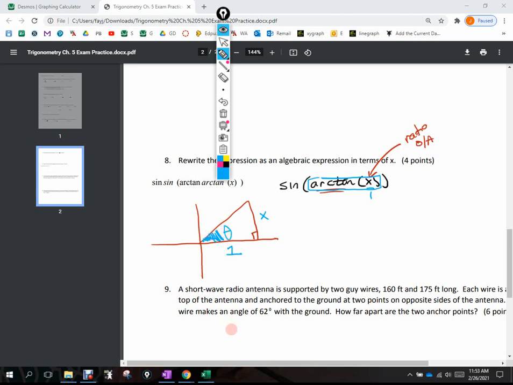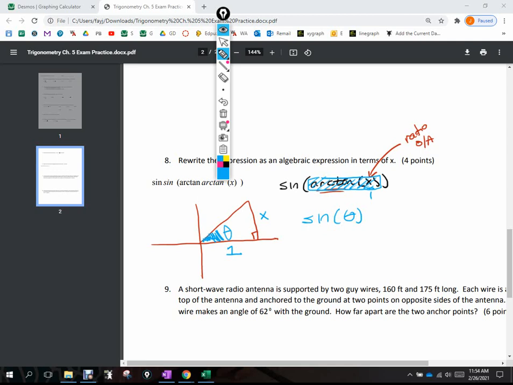Does that make sense? So this thing here in blue, arc tangent with an input of x, gives an output of theta. Now I ask you, what is sine of theta? That's how we work with composite functions: you evaluate the innermost function, substitute that, and keep working your way out.